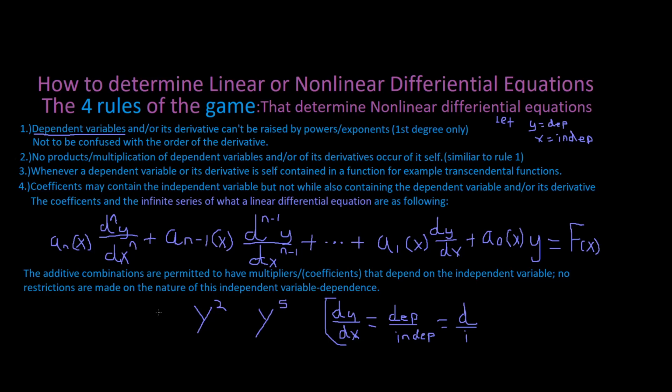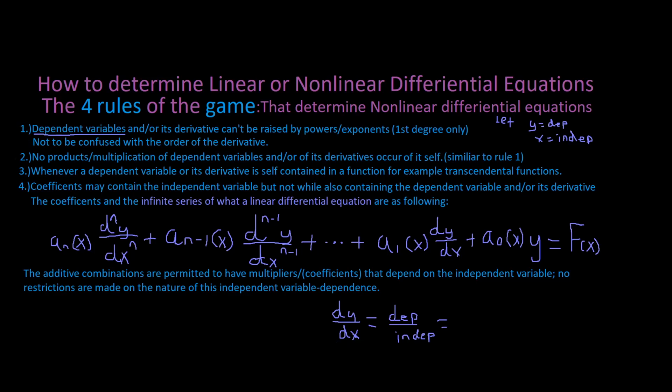So whatever y to the n, or y double prime to the n, or y prime to the n, or (dy/dx) to the n, I can't do that. That's what makes it nonlinear. So that's how you determine our first rule.